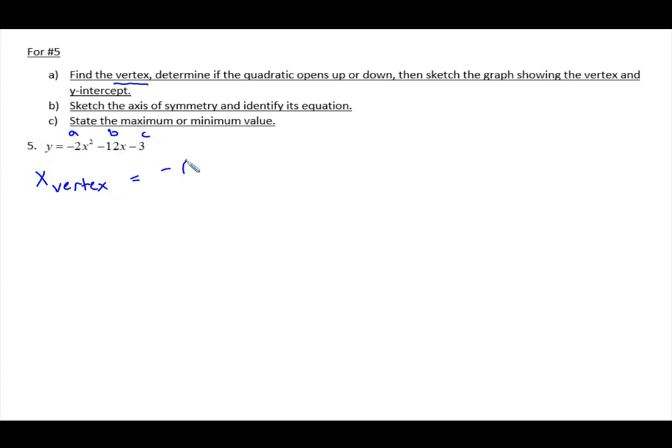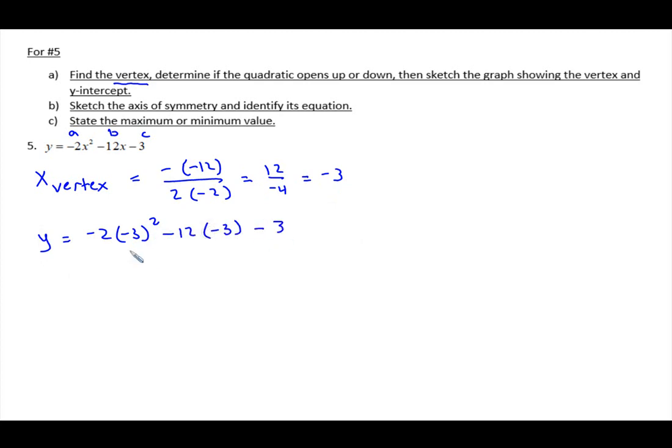I have negative, and then b is -12, over 2 times a, which is -2. So I end up with +12 over -4, which gives me -3, right? Now I want to find the y value of the vertex, so I plug it in. -2 times (-3) squared minus 12 times -3 minus 3.